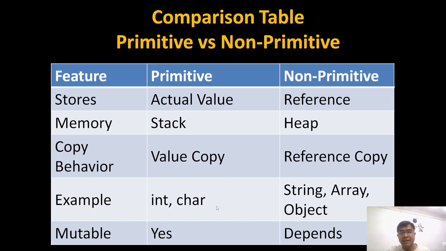Examples of primitive data types are int, char. Non-primitive data types are arrays, strings, objects. Talking about mutability, primitive data types are mutable. Non-primitive data types depend.